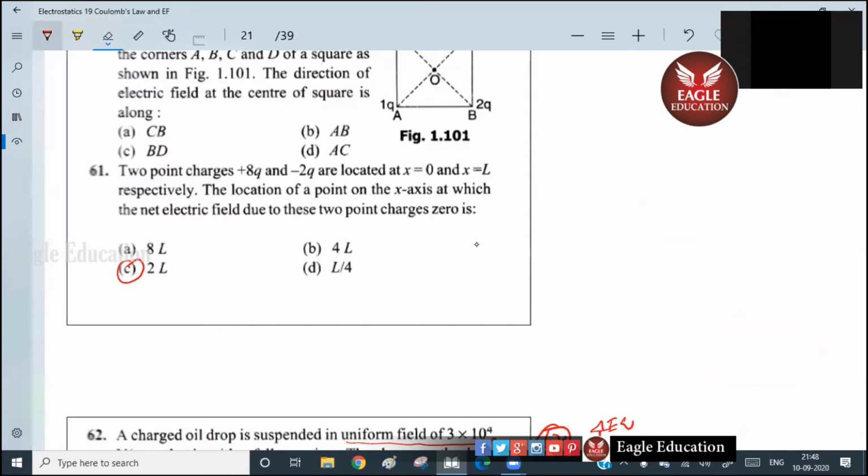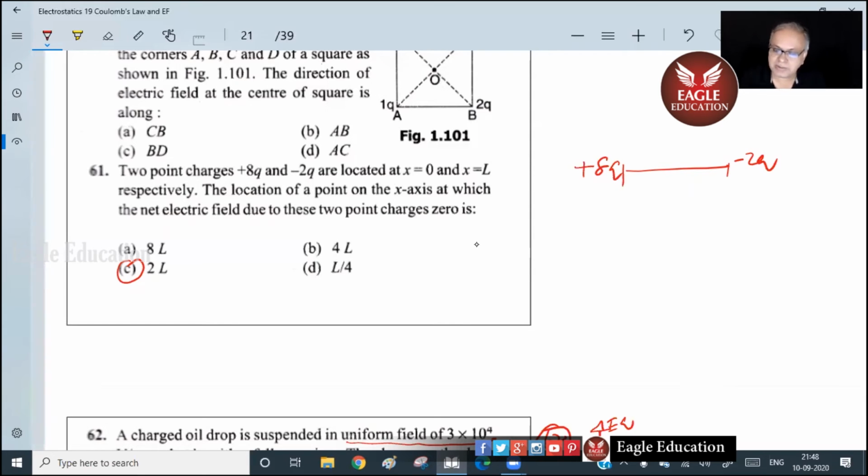Like it is plus 8q, minus 2q, means somewhere here or that side you take outside. Don't take in the middle because in the middle they are in the same direction. If you do that, be mathematically consistent.